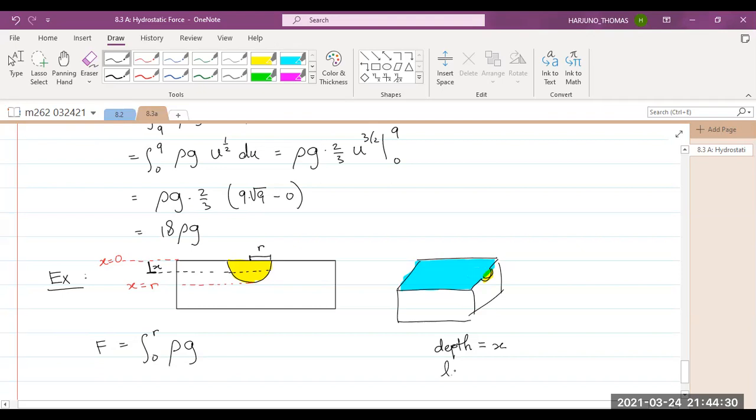And the length of this strip will be, if this is x and this is r, what will this be?